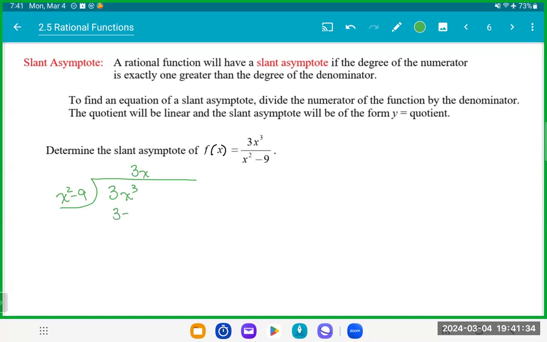That gives me 3x cubed minus 27x. We're going to change the signs, and this goes away, leaves me with 27x. This is my remainder. We don't worry about the remainder. So this is my slant occurs at y equals 3x. And that is my slant asymptote.